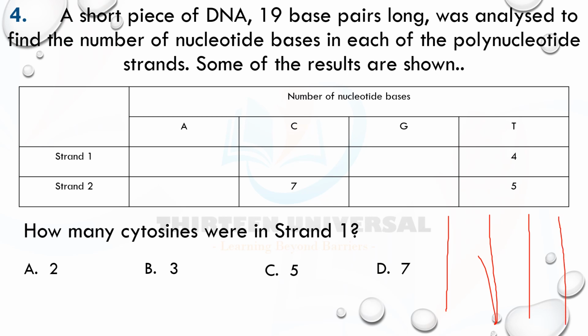If I should label them, maybe this is A, adenine, this is C, cytosine, and this is T, thymine. Each strand has all the bases. I'm just trying to use this method to get you started thinking.